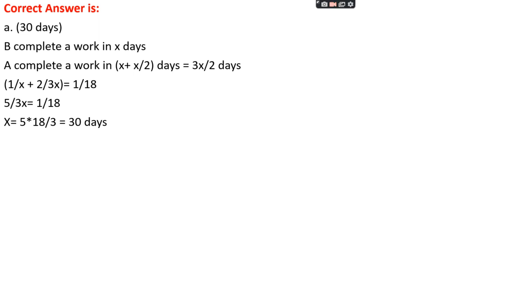In this way we get the value of X, which is 30 days. This is the time in which B completed the whole work. And A takes 3 into 30 divided by 2, which is 45 days to complete the work.